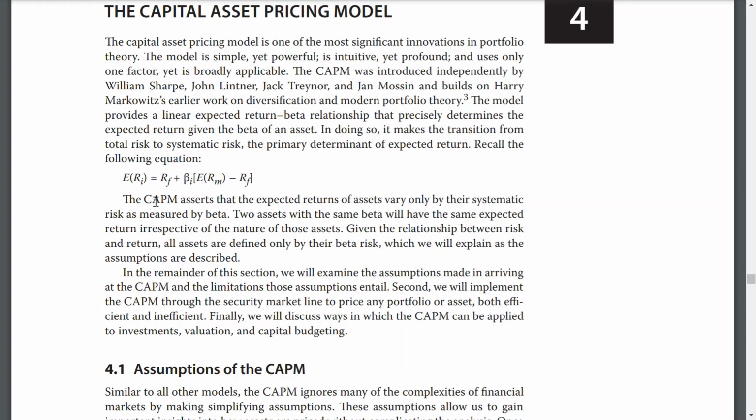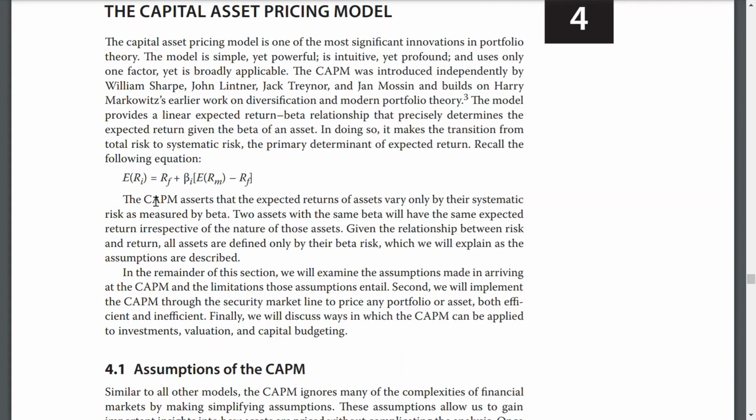The model provides a linear expected return-beta relationship and precisely determines the expected return given the beta of an asset. In doing so, it makes the transition from total risk to systematic risk as the primary determinant of expected return.